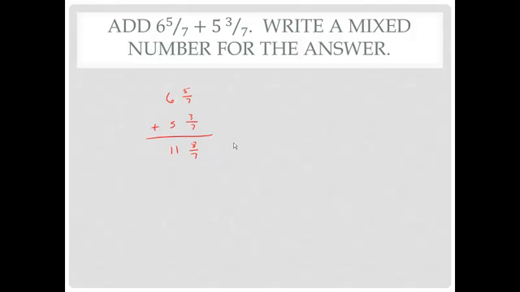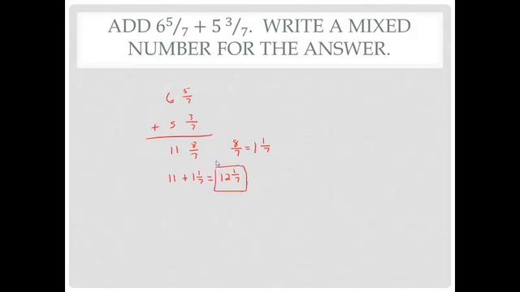So if I change 8/7 to a mixed number, 7 will go into 8 one time with 1 left over. 8/7 is the same thing as 1 1/7. So what I would have to do to write this correctly is add the 1 1/7 to the whole number of 11, which would then give me 12 1/7.